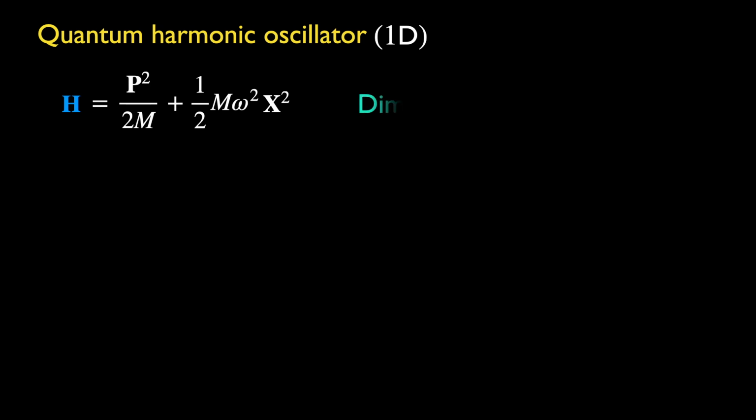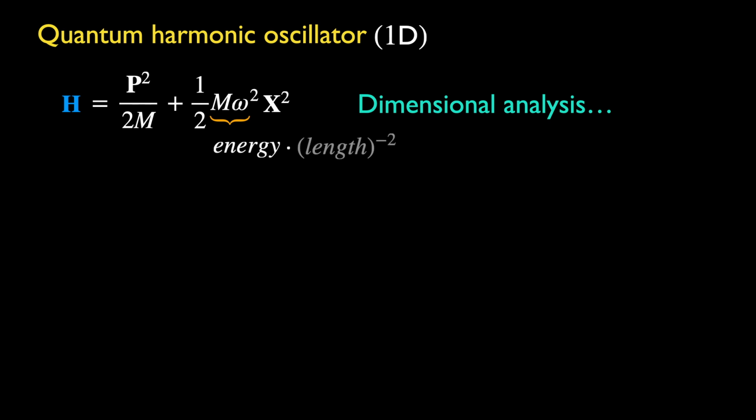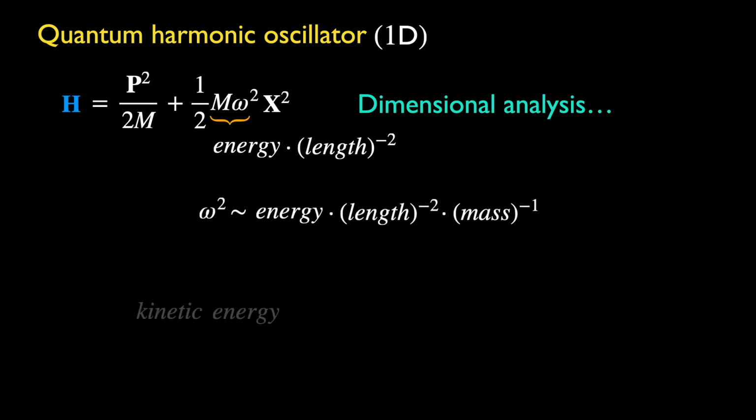Let's do some dimensional analysis and check if omega could really be a frequency. H is energy, while x squared is length squared, so m omega squared should be energy times inverse length squared, which means omega squared has the dimension. We also know that kinetic energy is mass times velocity squared.